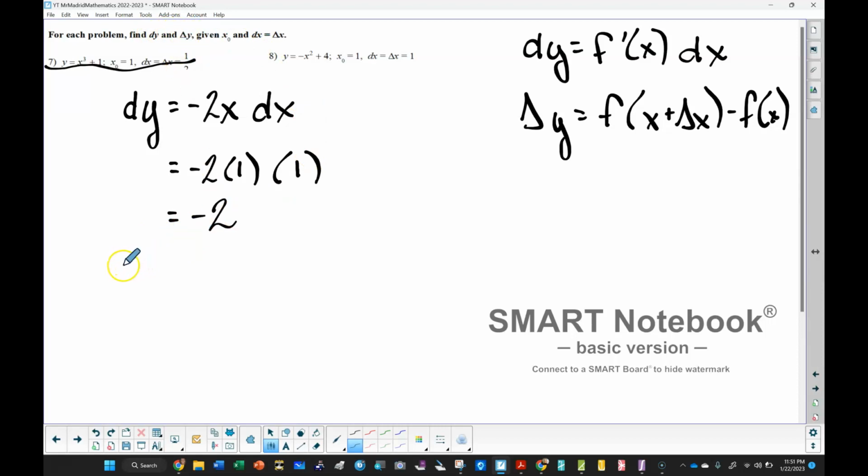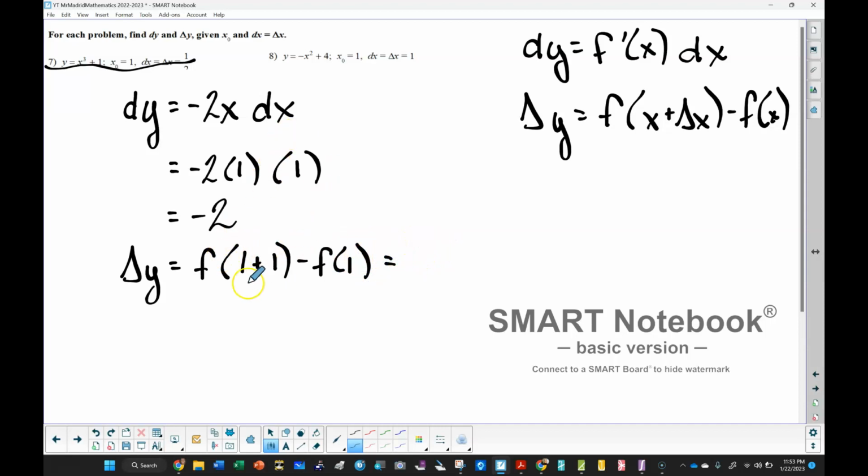How do we proceed? We can pause here and give you a chance to think. If you're thinking of this formula here, we're off to a good start. So let's do that: f of 1 plus 1, minus f of 1.